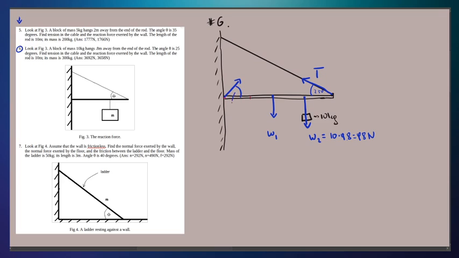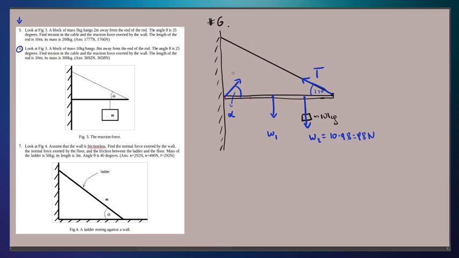So I'm going to label this as some alpha. If there's a lot of weight here, then this force is going to point a bit more vertical. If there's a little weight here, then this force is going to be more horizontal. So the exact angle is not known to me, but it's going to be at some angle.